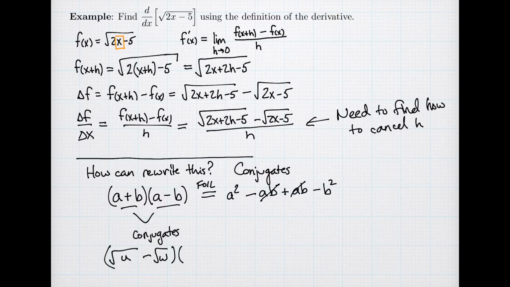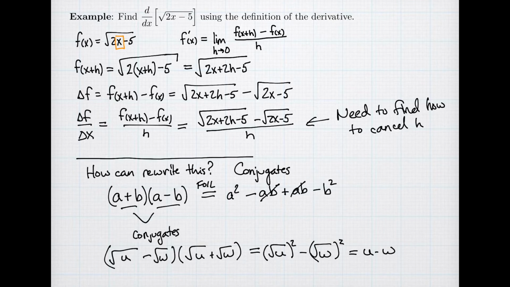If I were to multiply by the conjugate, square root of u plus the square root of w, because I'm squaring, I get the square root of u gets squared minus the square root of the other term, the w squared. And squaring cancels the effect of the square root, and I get u minus w. And so conjugates give me this tool: when I multiply by a conjugate, I end up getting a square.